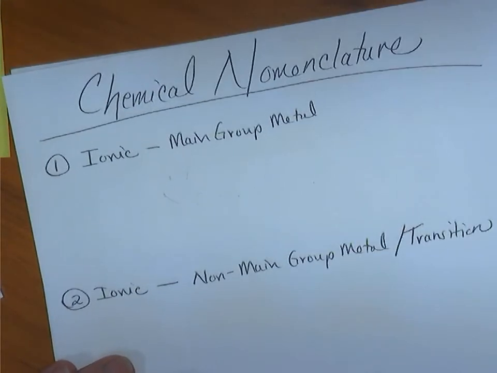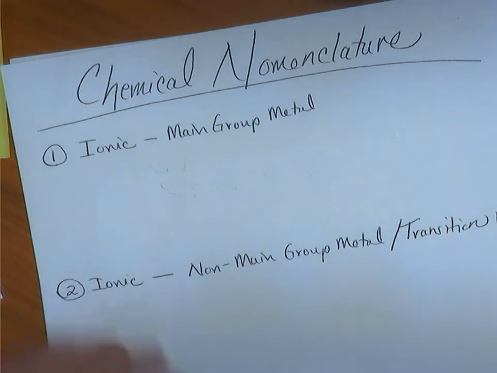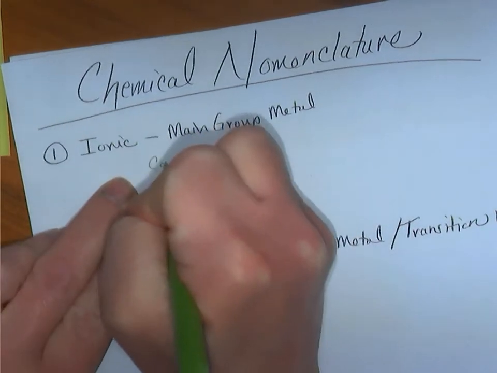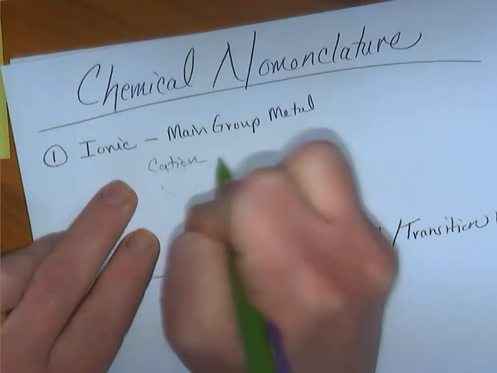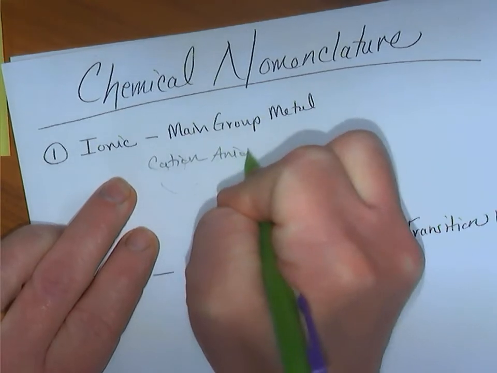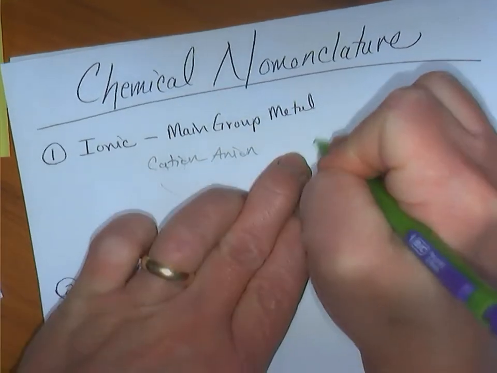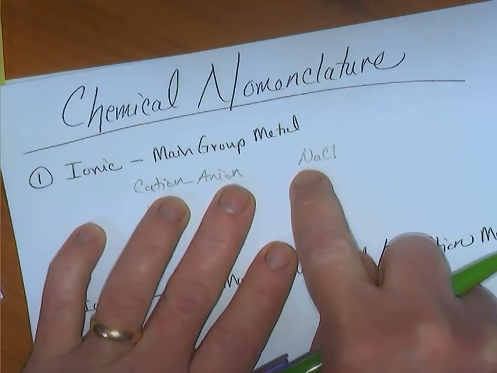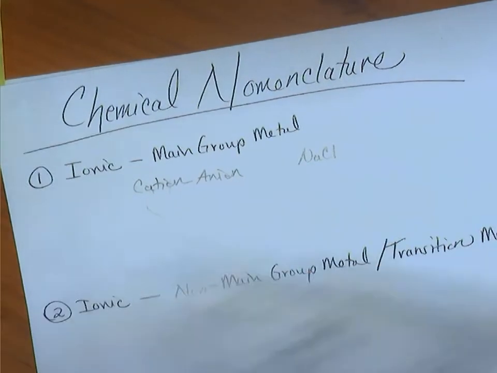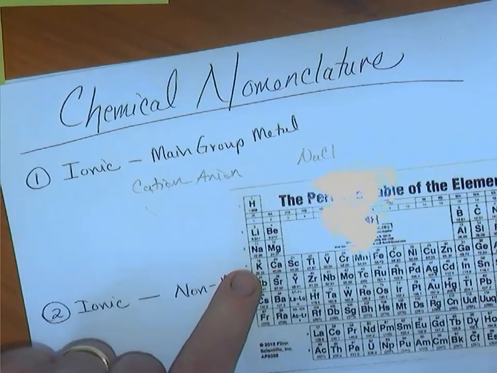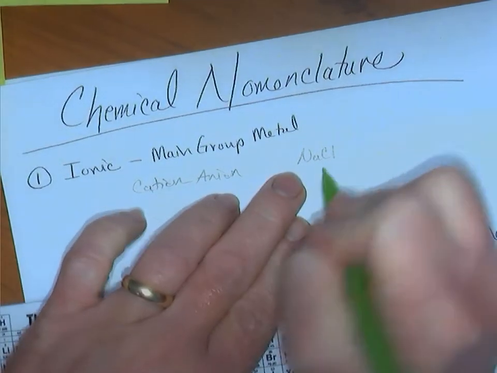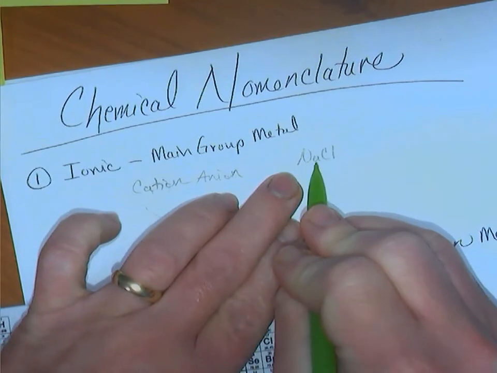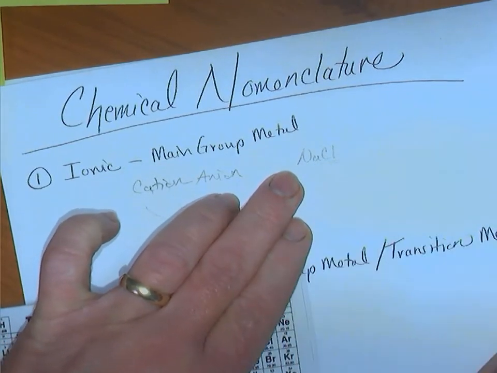So if it is ionic but begins with a main group metal, we simply add the cation name to the anion name. Now, we can take the guide of NaCl. That is a great example. Main group metal, column 1, with a nonmetal. So, this officially is the sodium ion, anions.